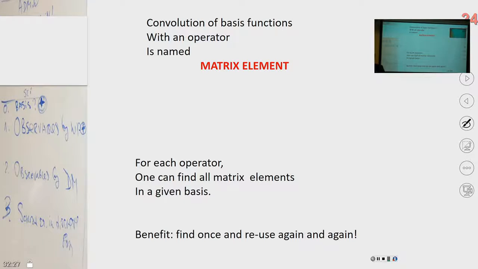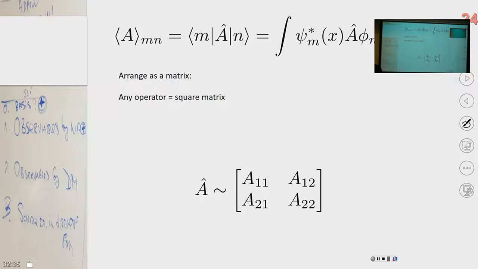Here's a verbalization of what we need and can do. If you follow this prescription for each basis function, then an operator is replaced by a matrix of matrix elements.